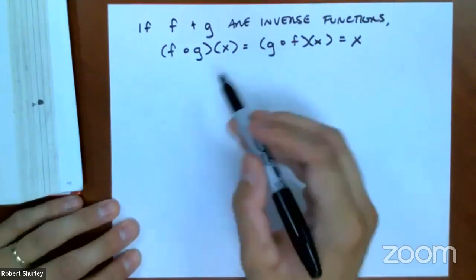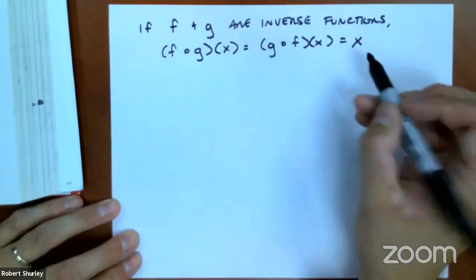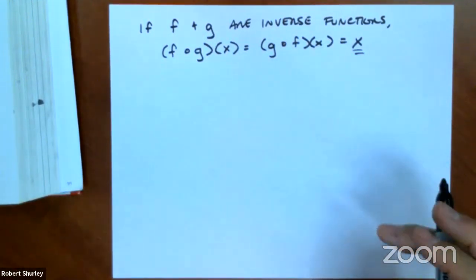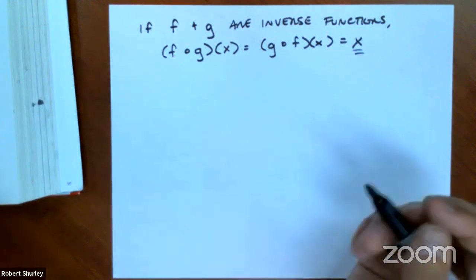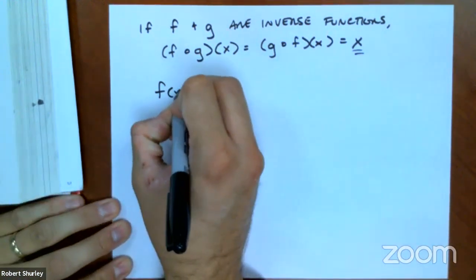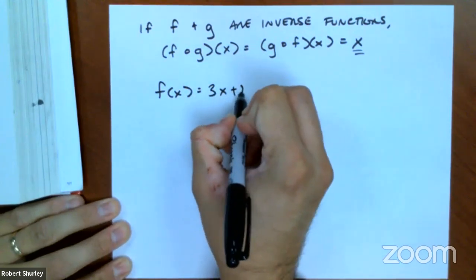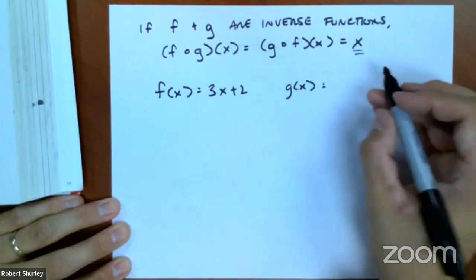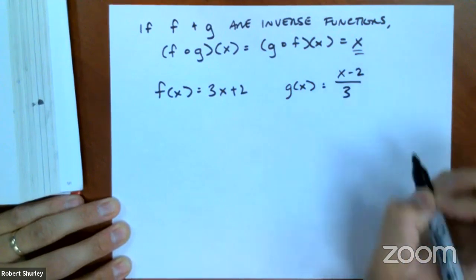It doesn't matter which way you do this. When you take the compositions, if they're inverses, you'll wind up with just the x value. So if we go back to that example I just showed you, I told you they were inverses anyway. F of x equals 3x plus 2, and g of x equals x minus 2 over 3.